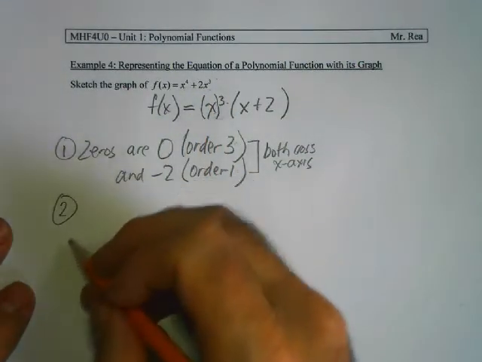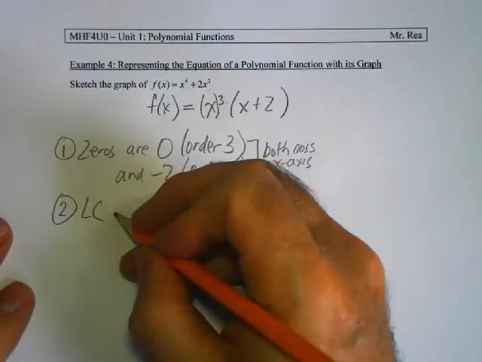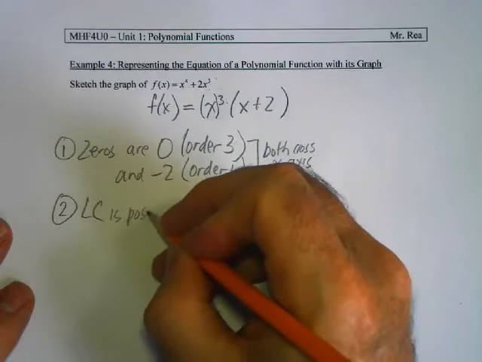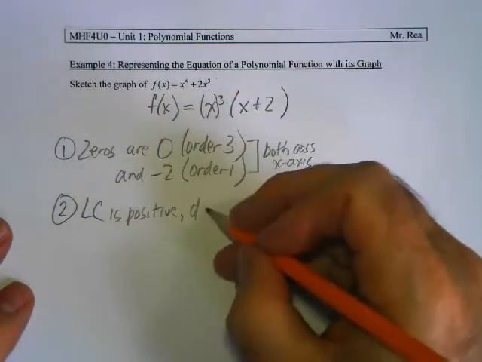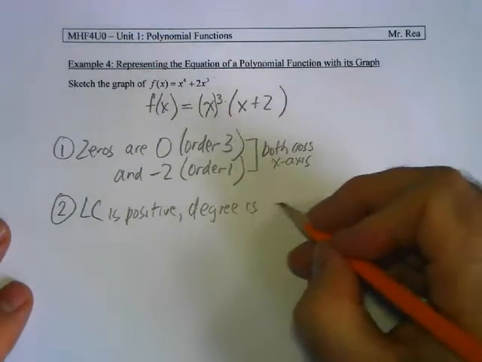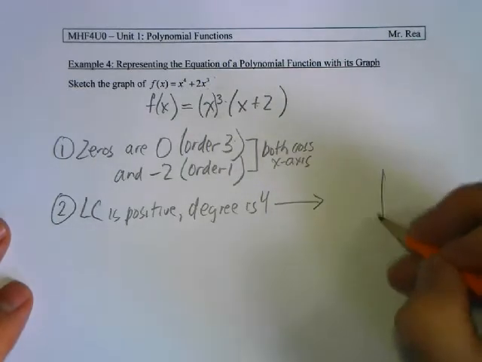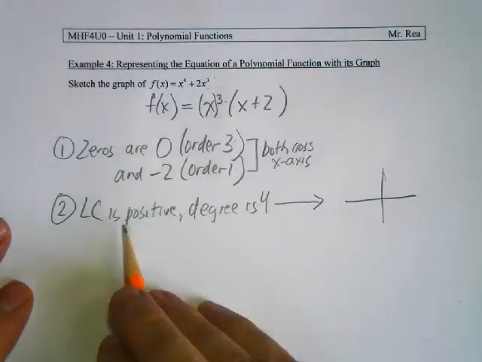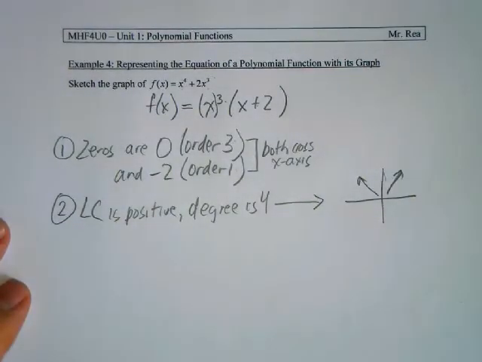So this has a leading coefficient of 1, so that means it's positive 1. And the degree is 4, obviously. Okay, so remember from the last lesson, that tells you that even degree, positive leading coefficient, that's the end behavior.